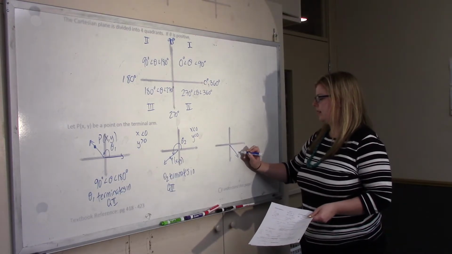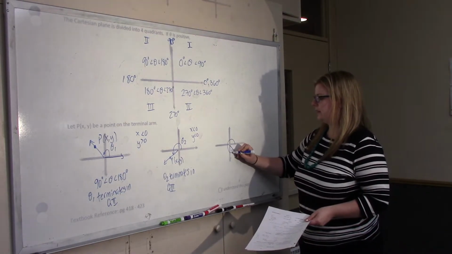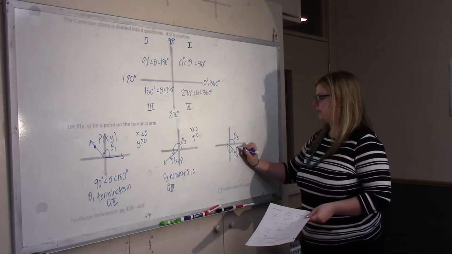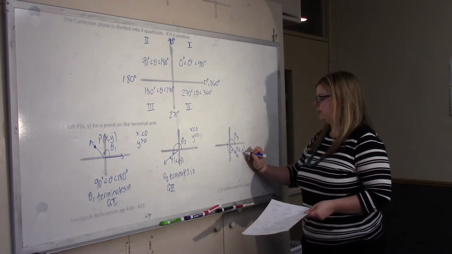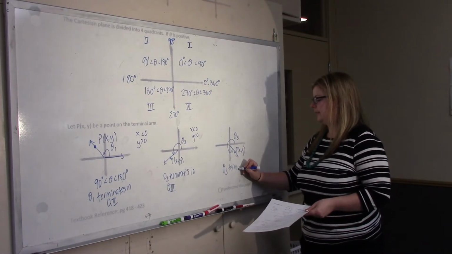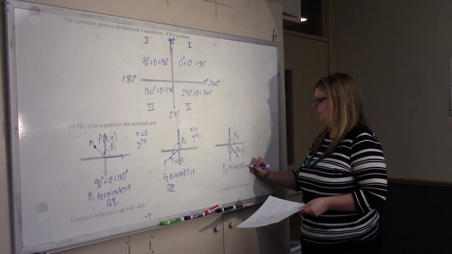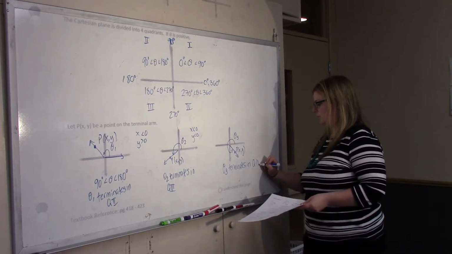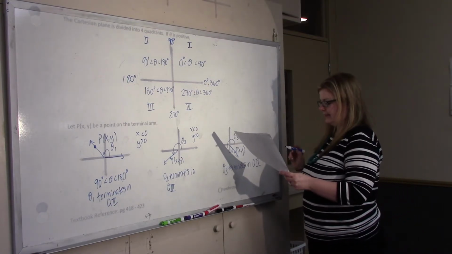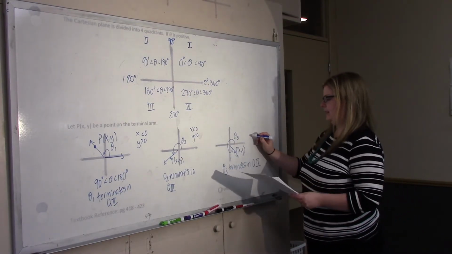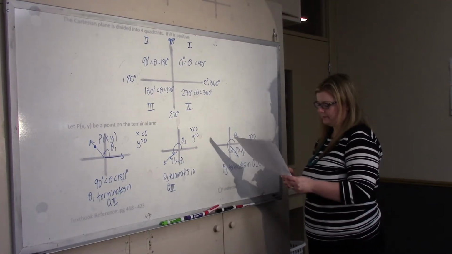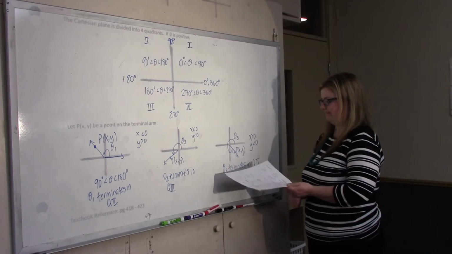Finally, in quadrant 4, here's our theta 3, okay, and a point anywhere on the terminal arm. So here we say theta 3 terminates in quadrant 4. Okay, and your x is positive and your y is negative. Okay, so there we go.